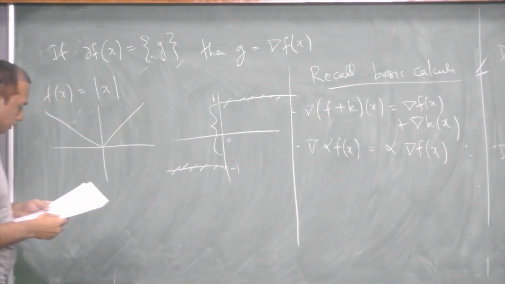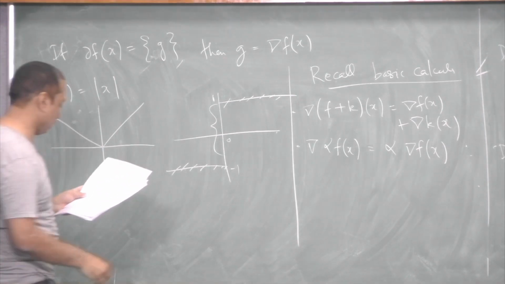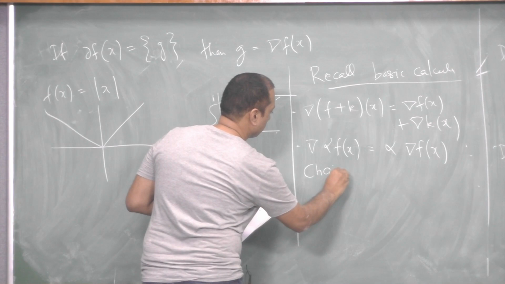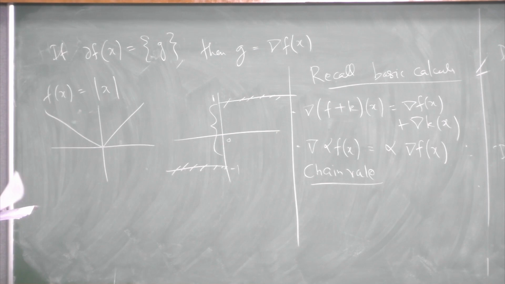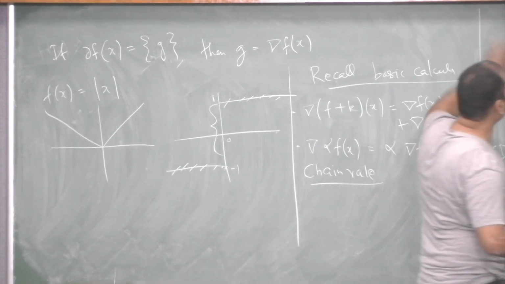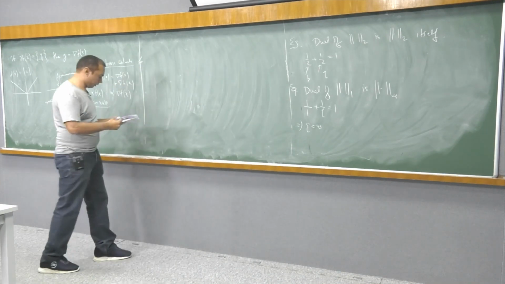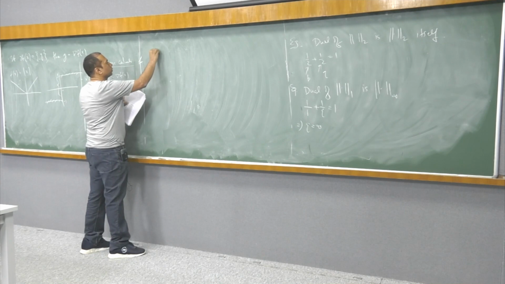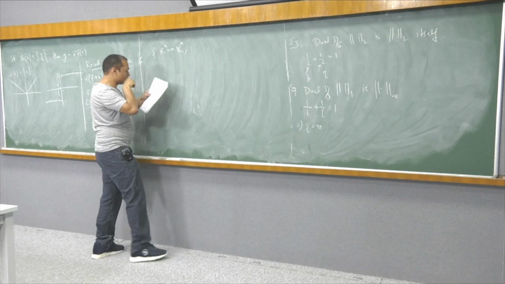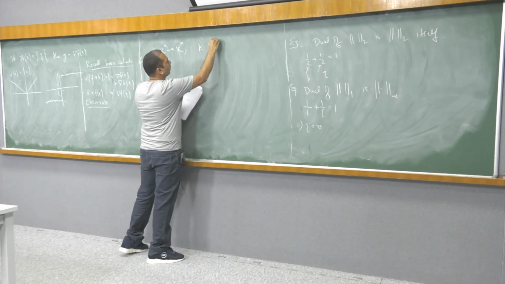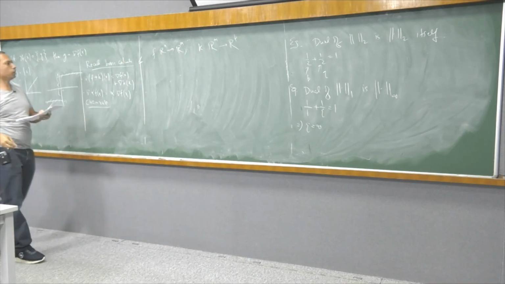We also know the chain rule holds in usual calculus, and for the chain rule we need two functions. Let us do that here, and then we will see whether similar things also work for subdifferentials. So for the chain rule we have f from R^n to R^m, and k from R^m to R^p. Since it's a chain, the m and m should match.